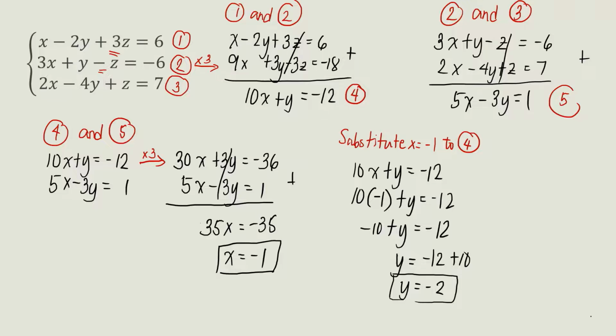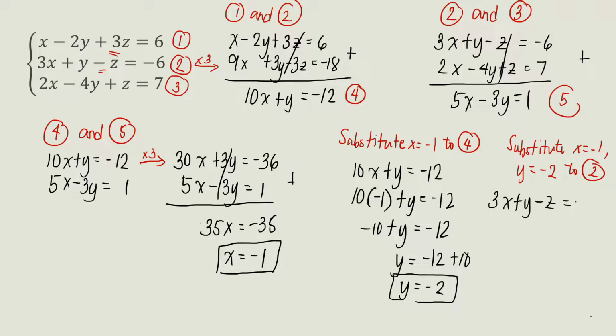So substitute x is equal to negative 1, y is equal to negative 2 to equation 2. Okay, let's copy equation 2 first. You have 3x plus y minus z is equal to negative 6.